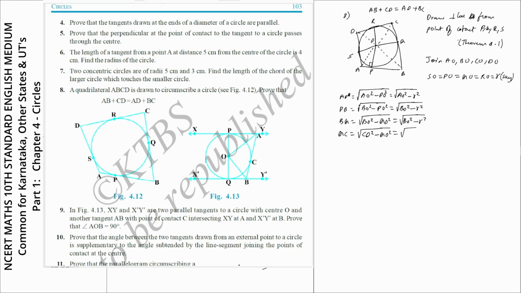This is equal to CO square minus R square. Similarly, RC is equal to square root of CO square minus RO square, which is equal to CO square minus R square.